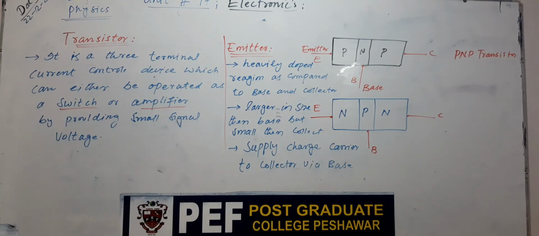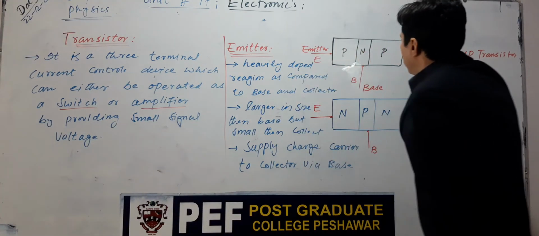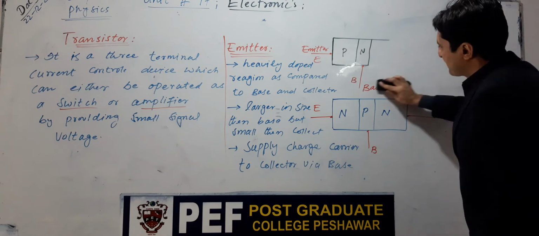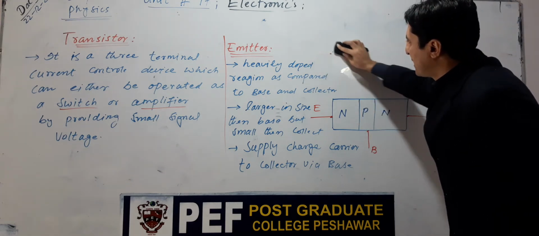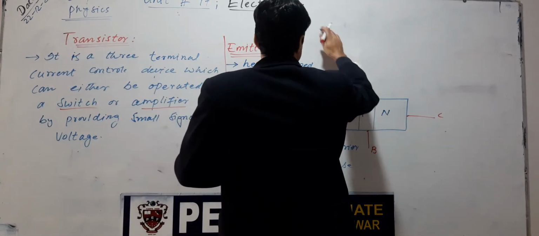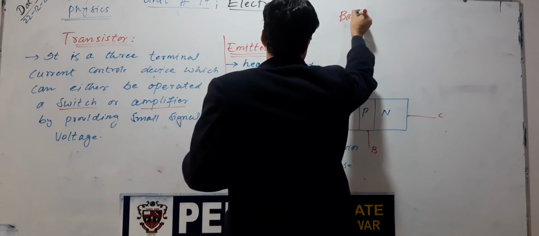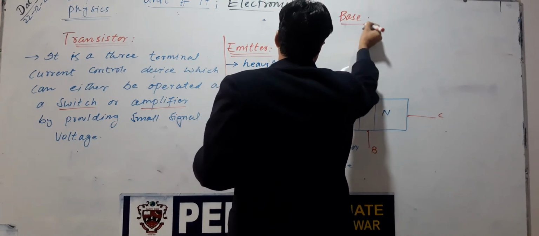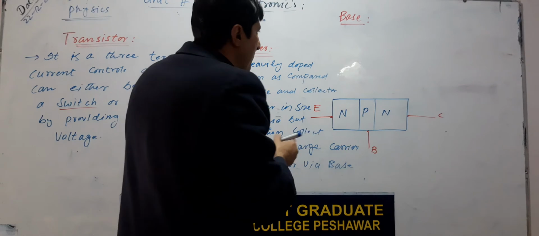Now what about the base? The size of the base region is extremely small. It is less than the emitter as well as the collector. It is doped more slightly compared to the emitter and collector. So let me write about the base terminal. Suppose this is the base, this one. Very much thin in size, very small in size.